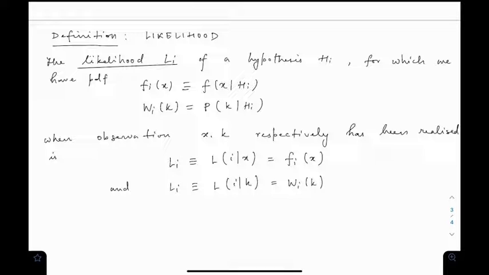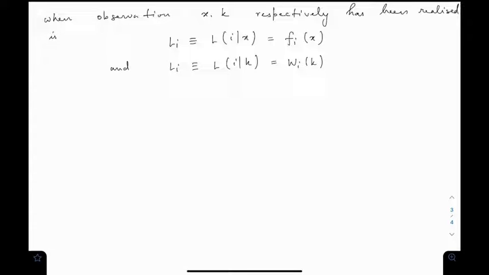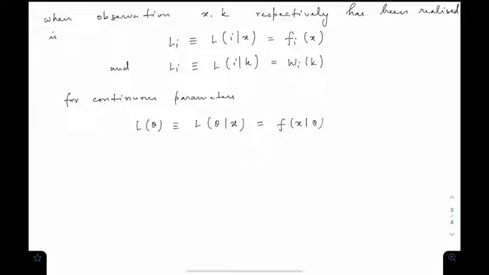When we replace it by a continuous parameter and consider a parameter-dependent PDF or discrete probability function, then the corresponding likelihoods are L of theta given x equals f of x given theta, and L of theta given k is W of k given theta.